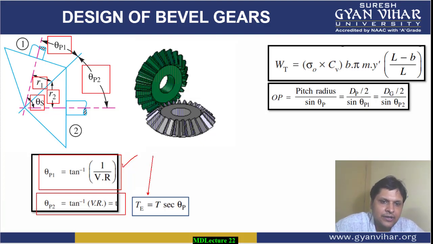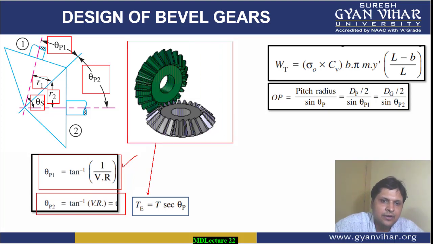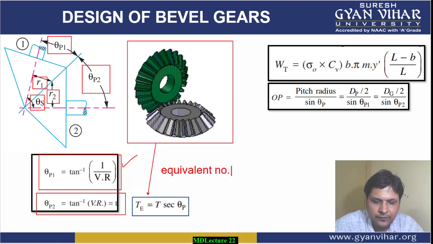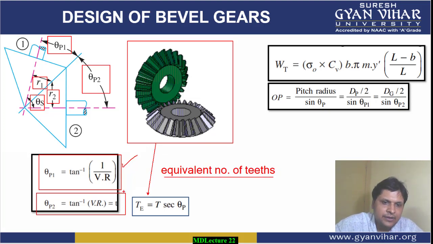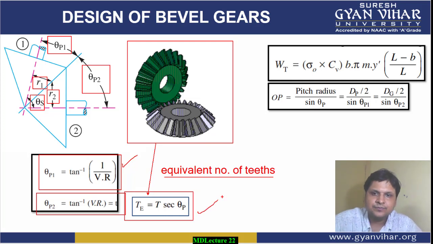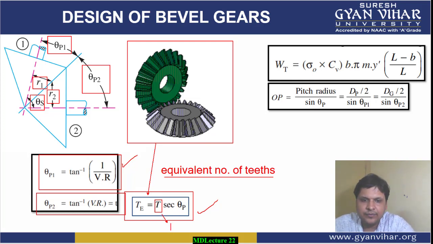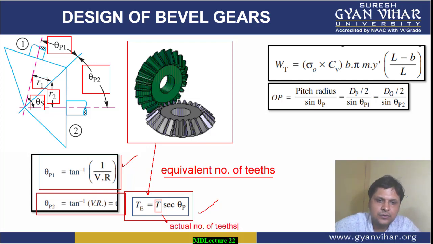Also, we have to calculate the equivalent number of teeth for bevel gearing. For bevel gearing, the equivalent number of teeth can be calculated by this formula: TE is equal to T sec theta P, where T is the actual number of teeth, and theta P is the angle for which we are considering the equivalent number of teeth.